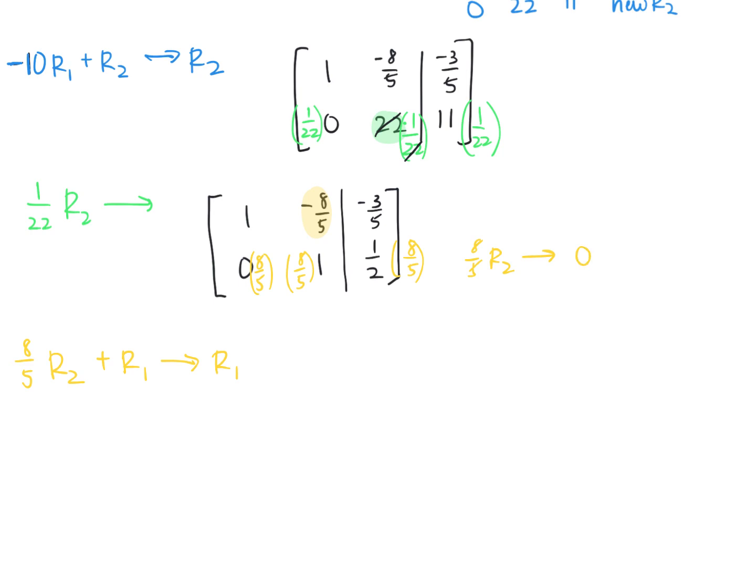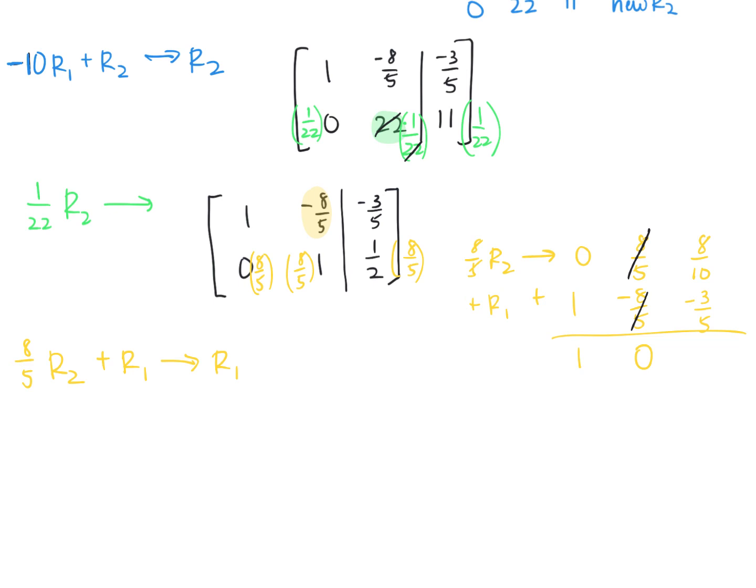That'll be 0, 8/5, and 8/10. Then we have to add that to row 1. Row 1 is 1, negative 8/5, and negative 3/5. When we add those, we get 0 plus 1 is 1. 8/5 and negative 8/5 are opposites, so we get a 0.